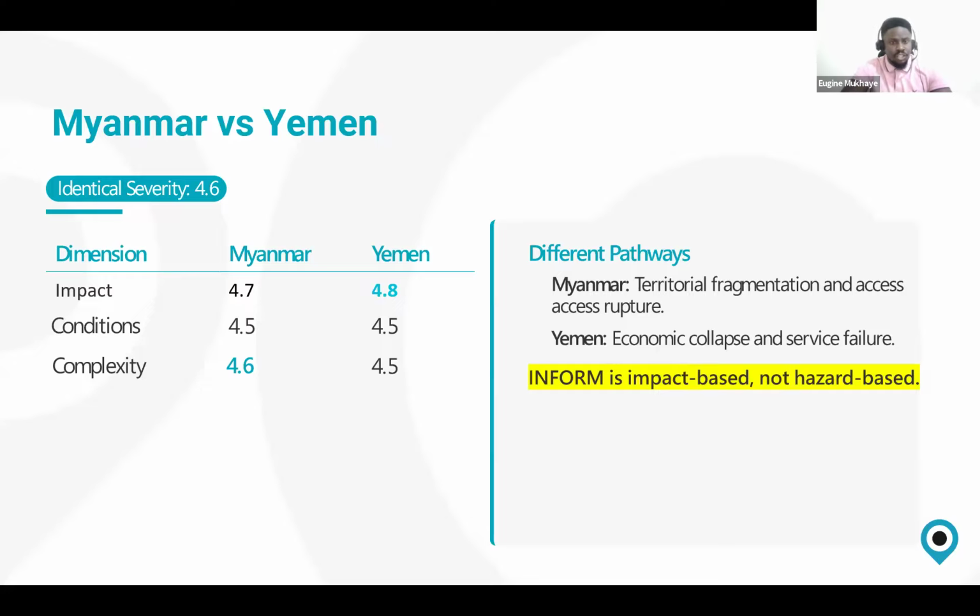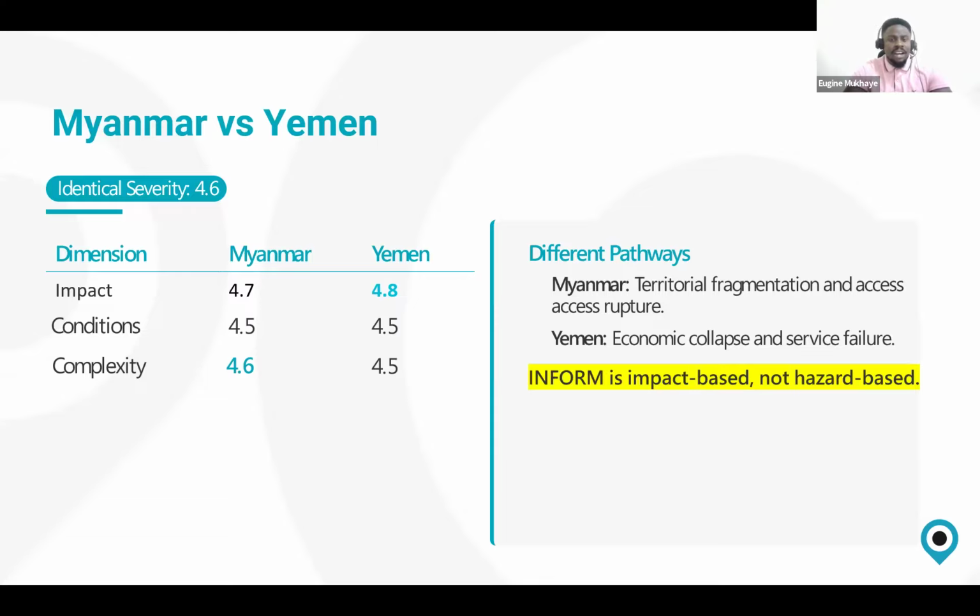So the impact dimension, as Farah had explained earlier, captures the human consequences of the crisis, such as how many people are affected and how severe their conditions are. And within the model, the impact dimension is weighted more heavily than the complexity. Farah had already mentioned this. This is because the impact dimension reflects the direct humanitarian consequences experienced by the population.